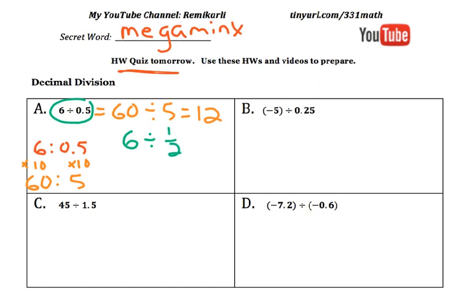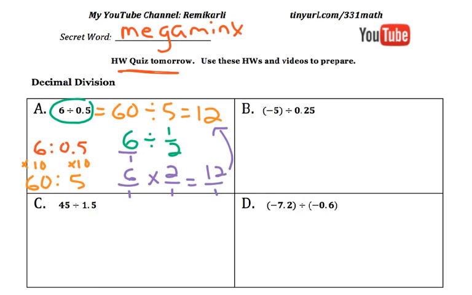And then you can multiply by the inverse to figure this one out. So you could think of 6 as 6 over 1, and then multiply by the inverse of 1/2, which is just 2, or 2 over 1, and that would equal 12 over 1, which is the same as 12. And there are many other ways to do this, but I think those were the two most common ways I was noticing.